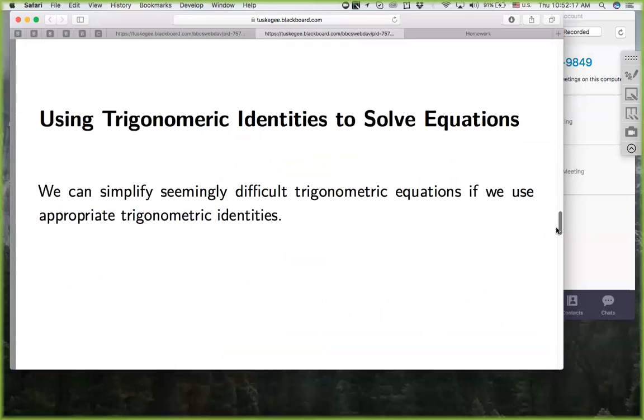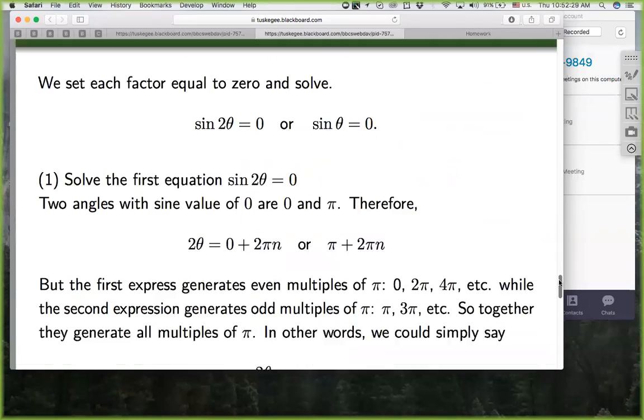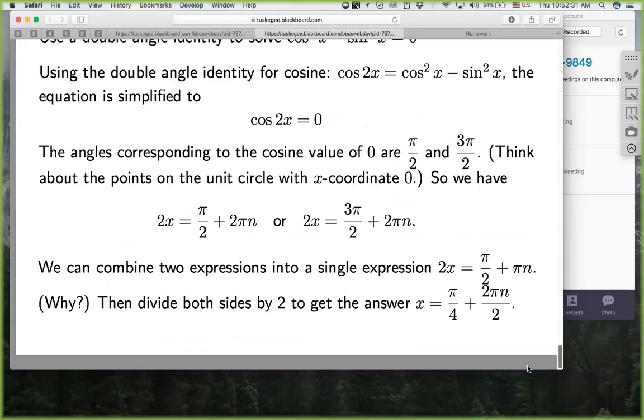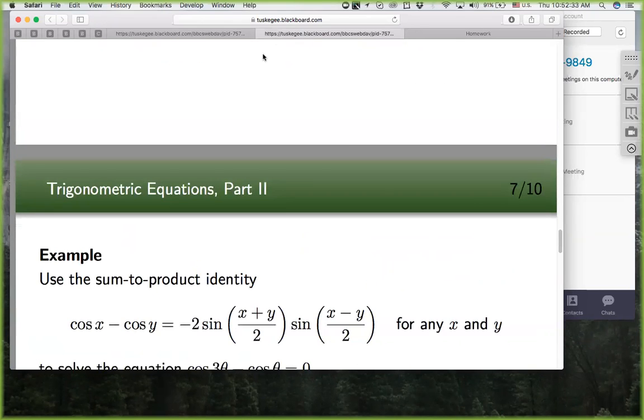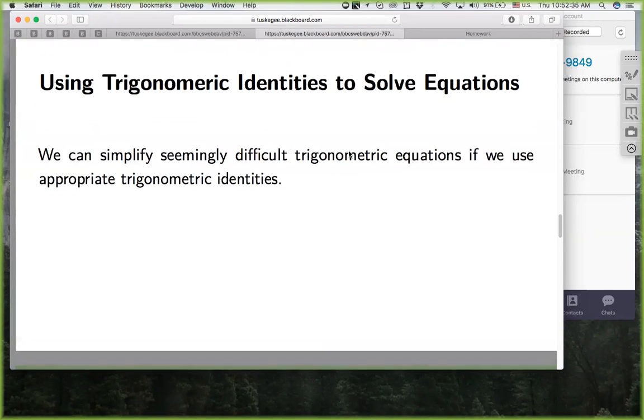After that, you can just disregard this part using trigonometric identities to solve equations. This is a more advanced way of solving equations. We're not going to deal with this part. Just skip this. So that's it for trigonometry equations.